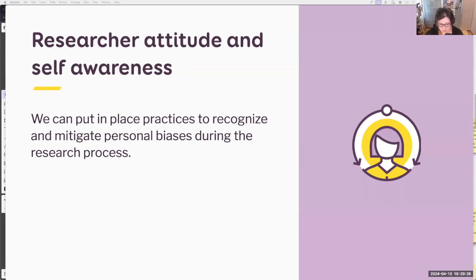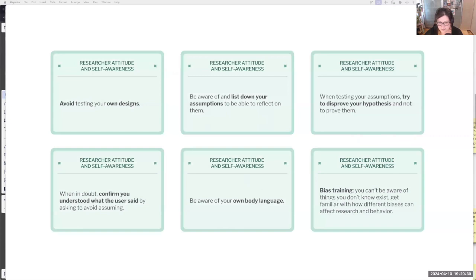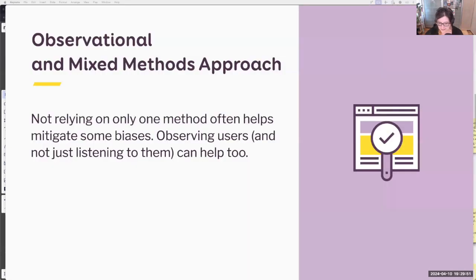So this is about research attitudes towards our work. Things like being aware of our own body language, because even that might bias someone. If you smile every time the user is doing something nice, and not when they can't find something, that can be tricky. All of those are about the attitude of the researcher themselves.